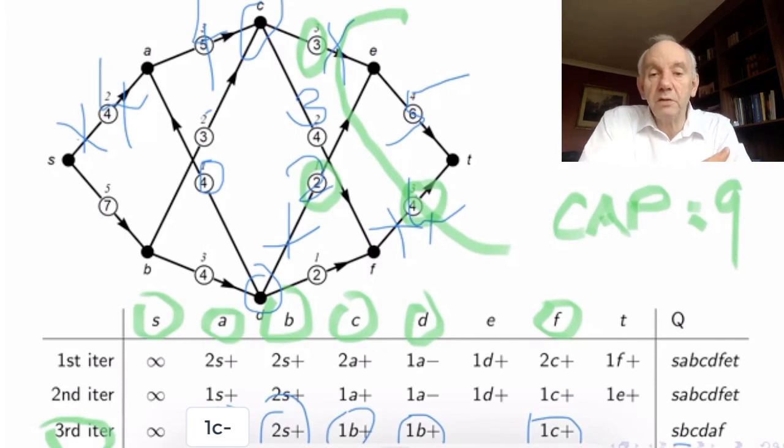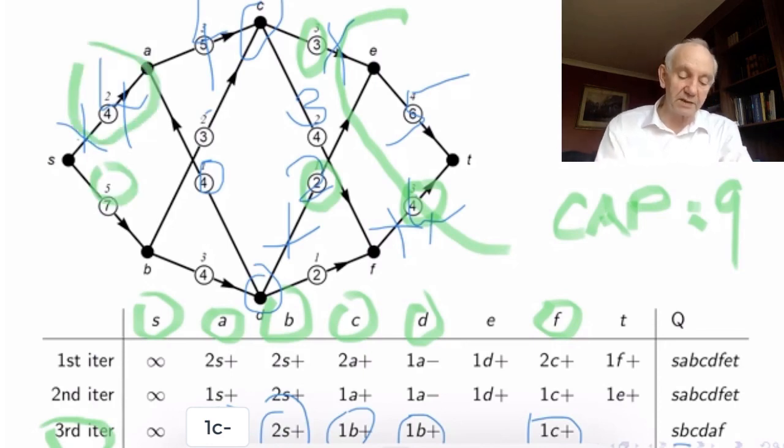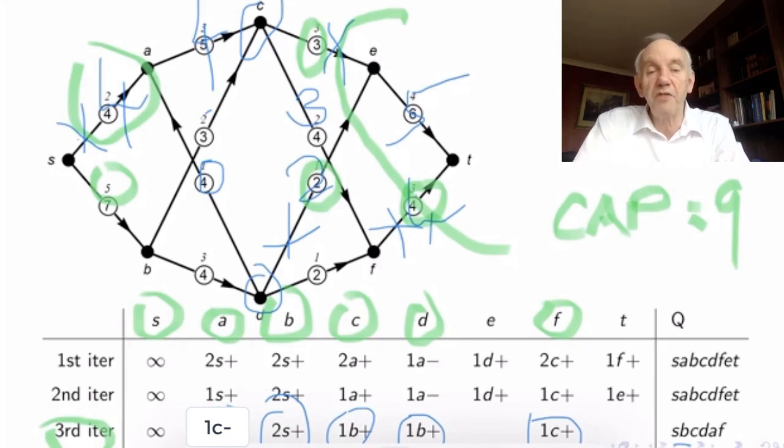And that tells us that we can't have any more flow. We've got a maximum flow. Remember, after 2 iterations, the flow value is 9. It's the sum of these numbers, 4 and 5, not the capacities, but the flow numbers. The value of any flow is less than or equal to the capacity of any cut.